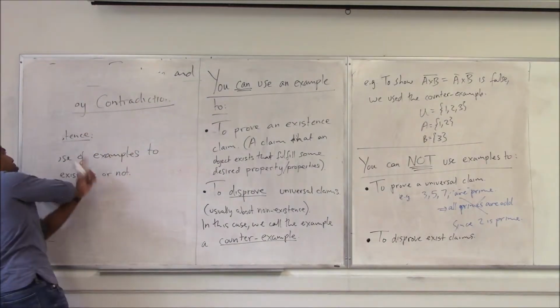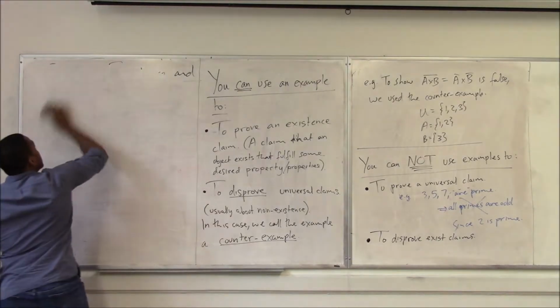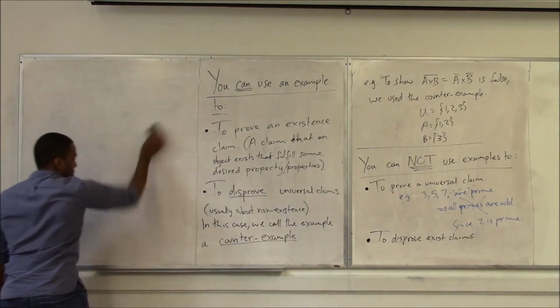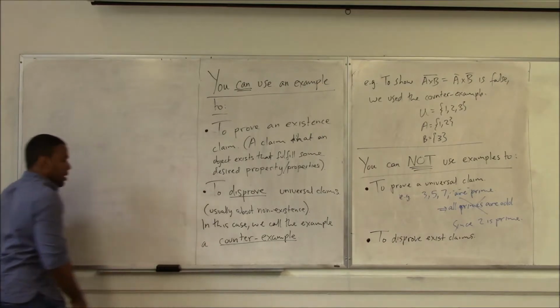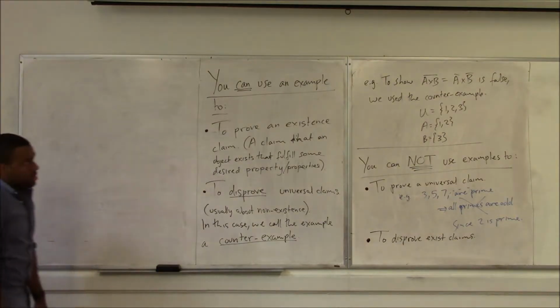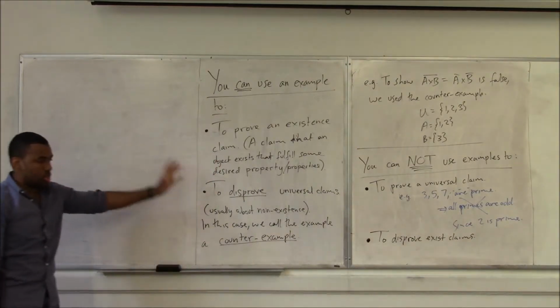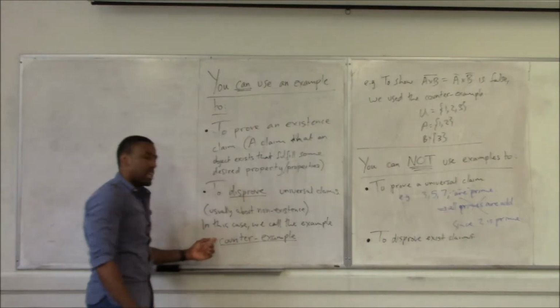Existence is an important thing because sometimes we want to know that there is an object that fulfills a certain property that we care about, so we don't waste our time looking for things. Examples come in handy with existence, but you have to be sure that you're using an example correctly. Most of the times we use examples, it will be as a counterexample.